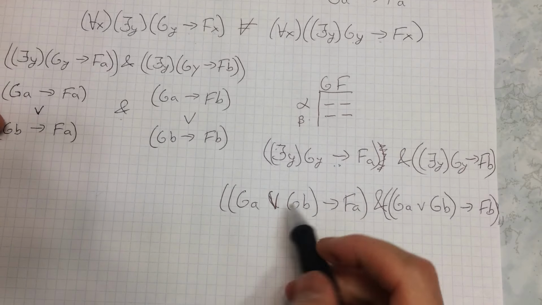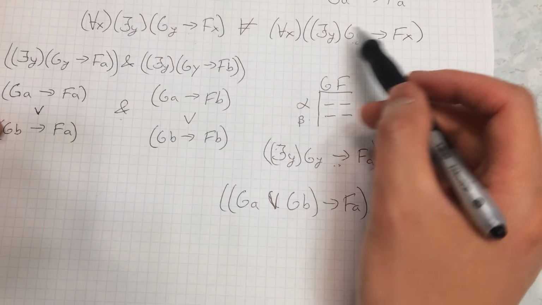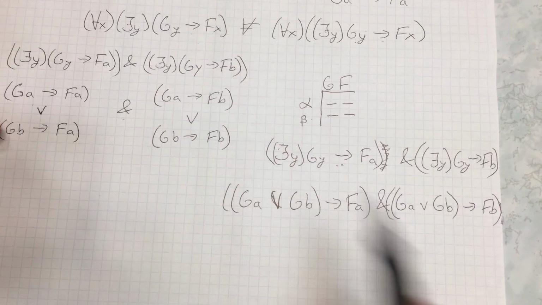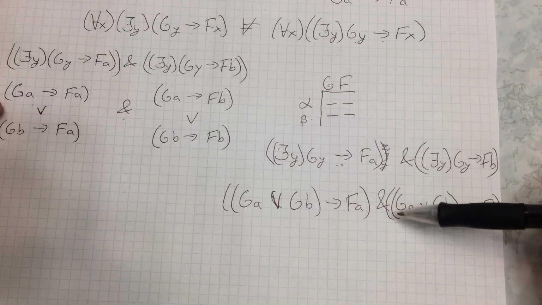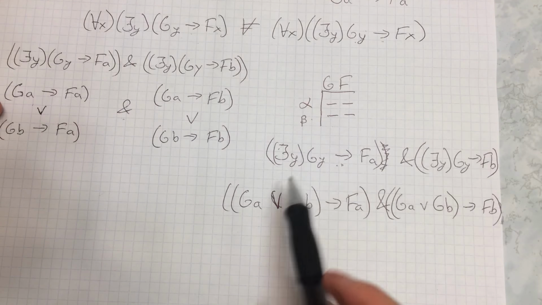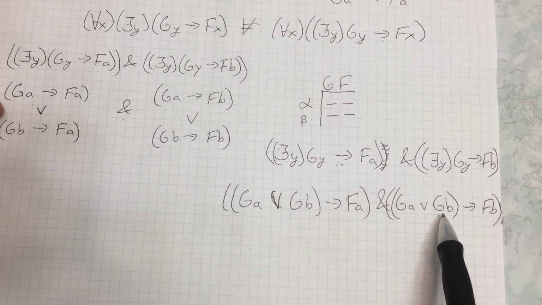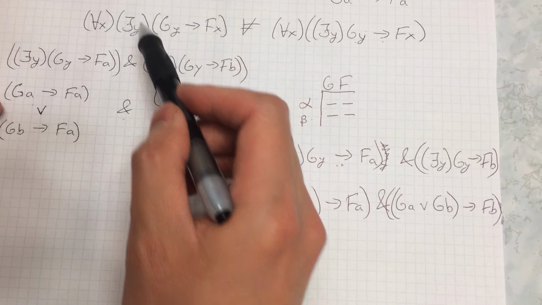But this is how we understand the conclusion, and this is how we understand the premise. So now it's a little bit easier to see how we can make this false and this true.